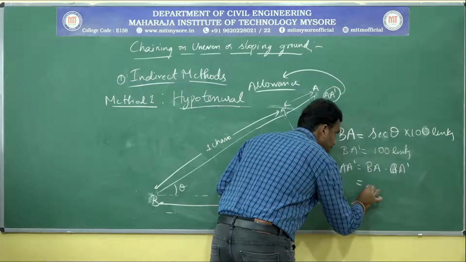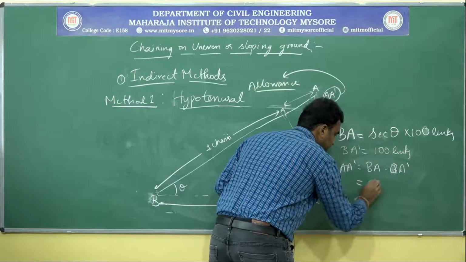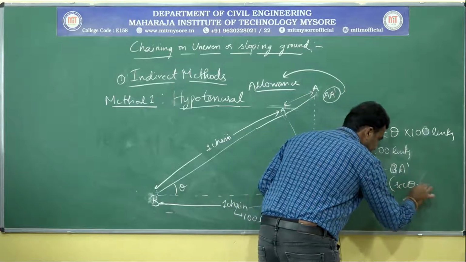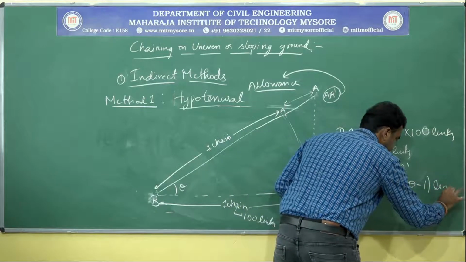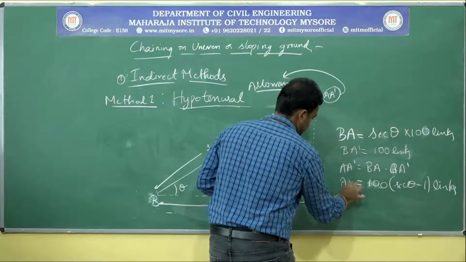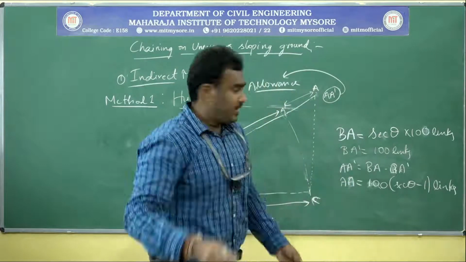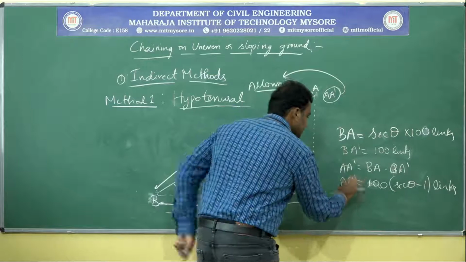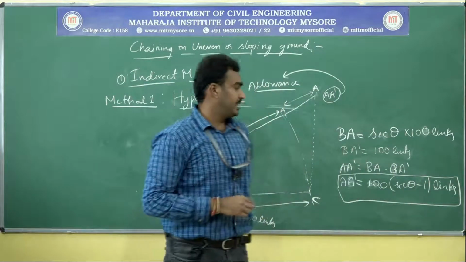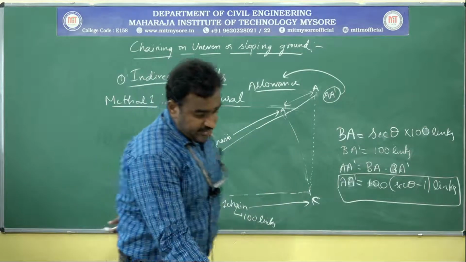That will be equal to 100 into secant theta minus 1 links. So write it down and you can work out. You will get A dash, the hypotenuse allowance, is equal to 100 into secant theta minus 1 links. But we have different cases.